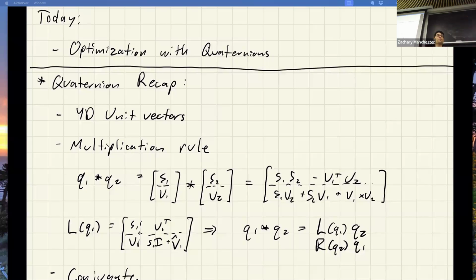Yes. So this is another very, very annoying thing. We mentioned there's conventions for body to world, world to body, and there's also mixed conventions on how you stack the quaternion. The convention in robotics is S on top, B on the bottom. The convention in a lot of older aerospace literature is the opposite.